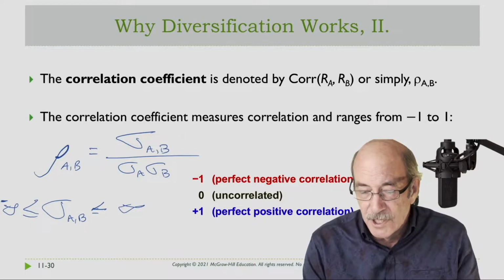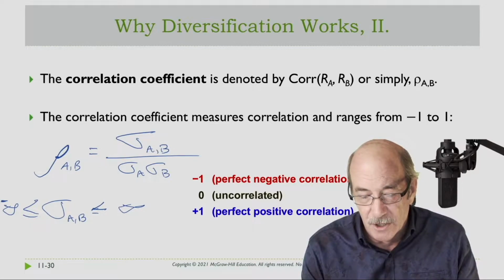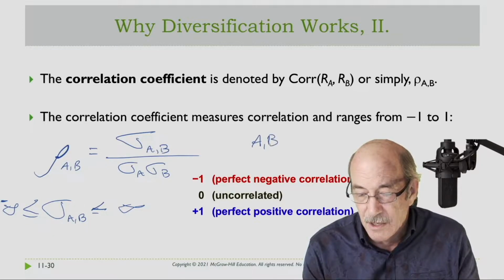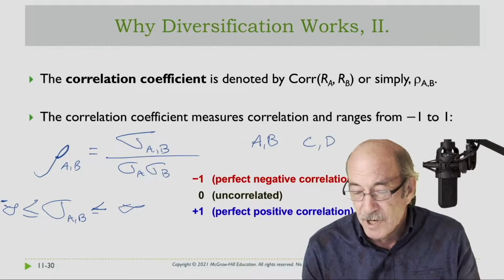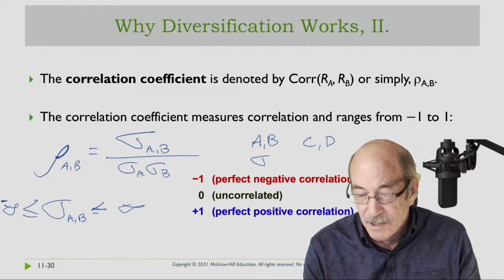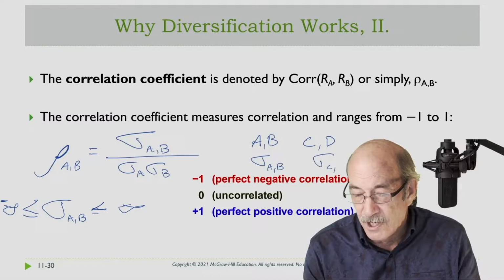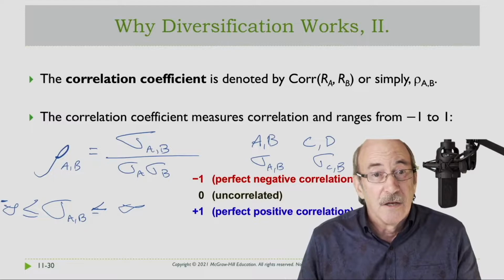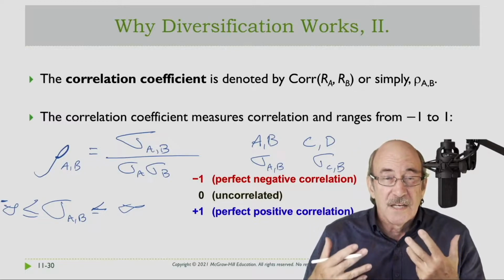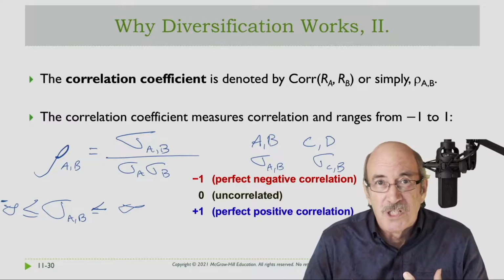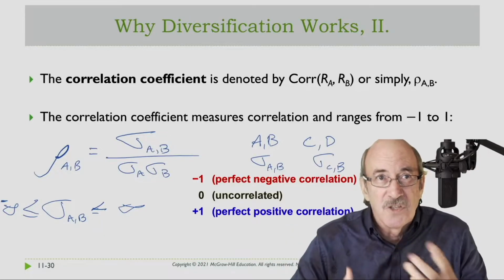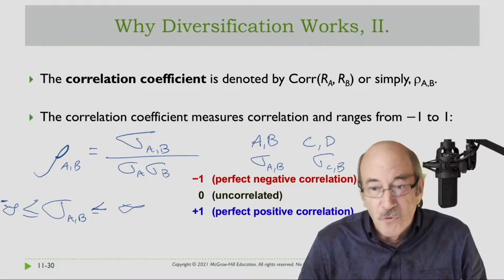So what we'd really like to be able to do is compare the correlation between A and B with, say, the correlation between C and D. But if we're looking at the covariance of A and B, and comparing it to the covariance of C and D, that really doesn't tell us anything because we don't know how much each of these series, each of these pairs move.